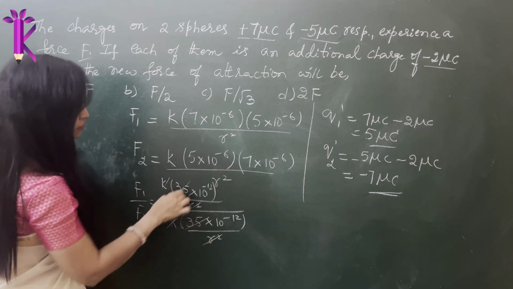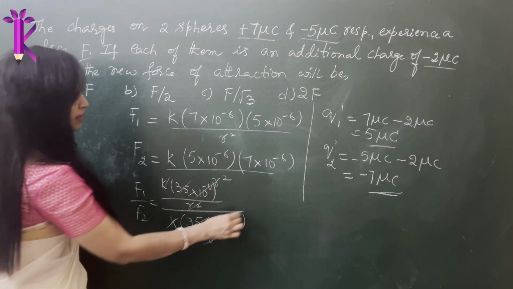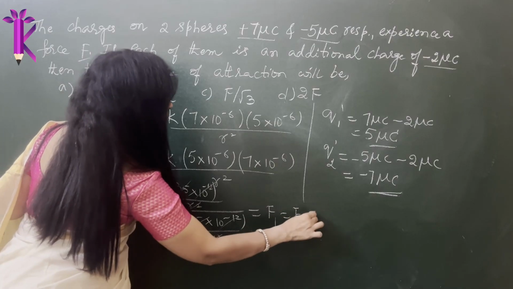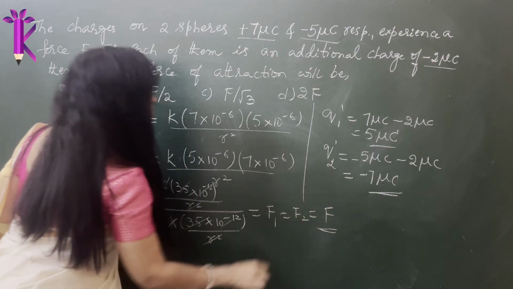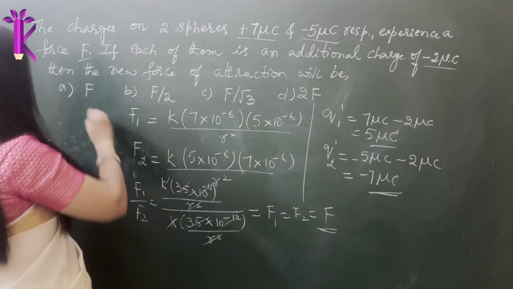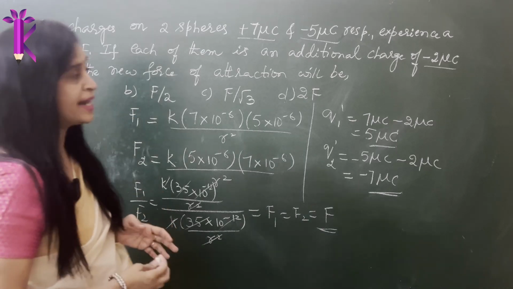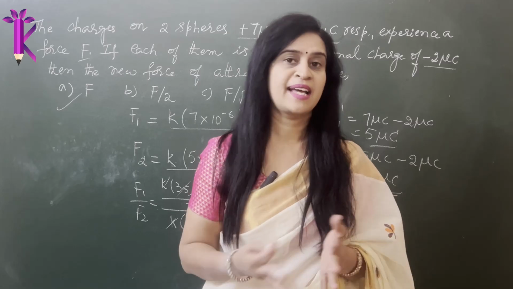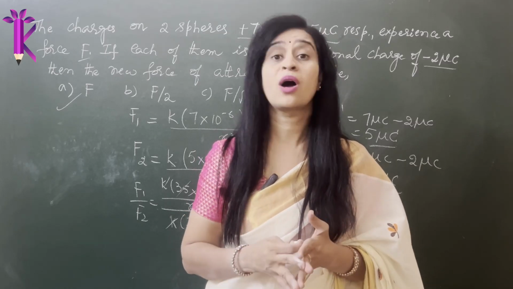K, 35, 35, 10 power minus 12, 10 power minus 12 gets cancelled. So F1 is equal to F2 is equal to F. The force remains the same. So the answer is F. It is very simple. If you have already solved such numericals, you do not need to calculate. You can directly answer such questions and save a lot of time.